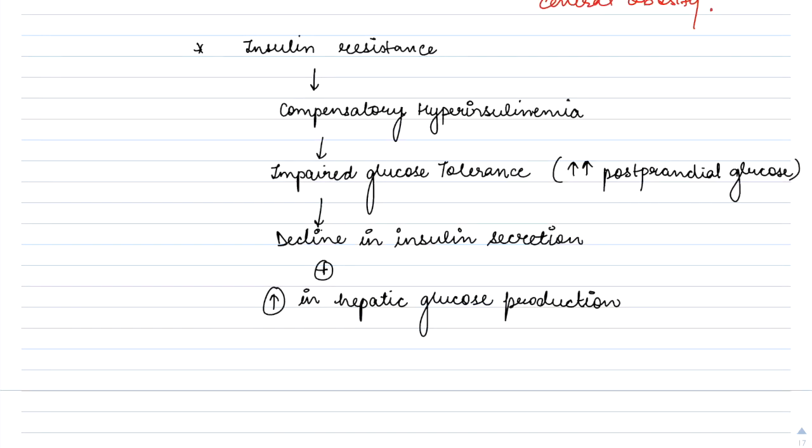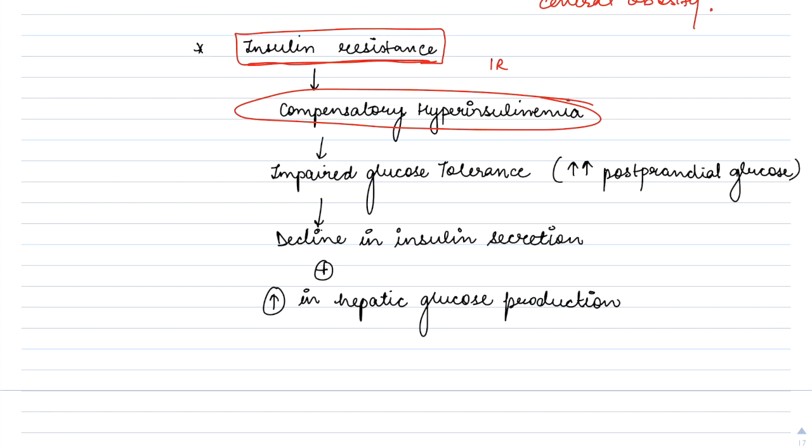So to summarize the pathophysiology of type 2 diabetes, there is insulin resistance that is pre-existing. Because of the insulin resistance, the pancreas tries to overcome the resistance by secreting more and more insulin. That leads to a compensatory hyperinsulinemia. But over time, this insulin is not sufficient to control the glucose levels.